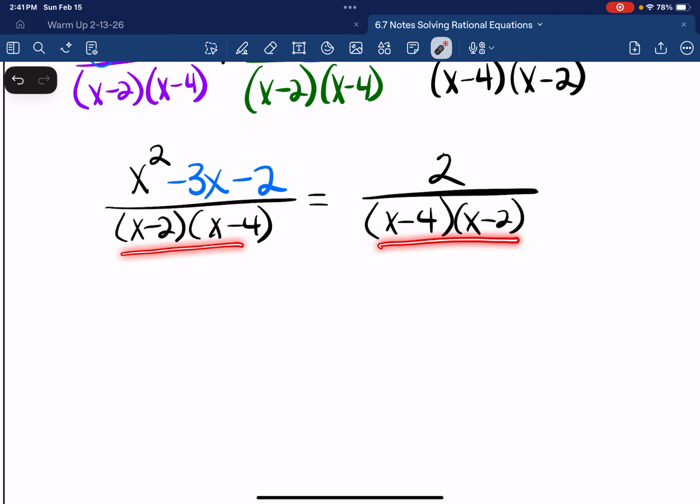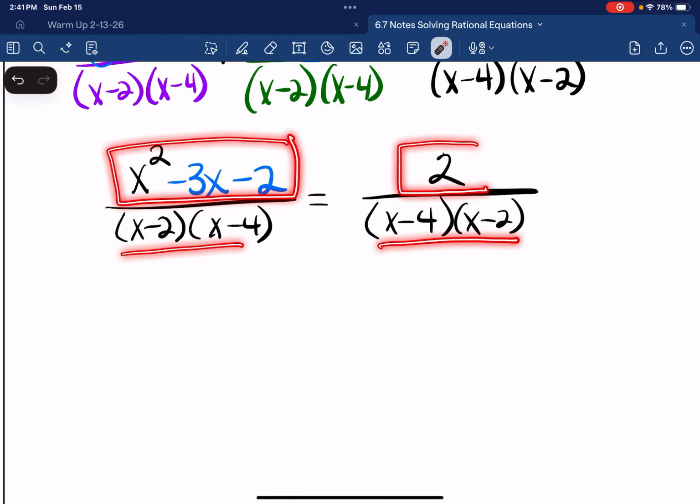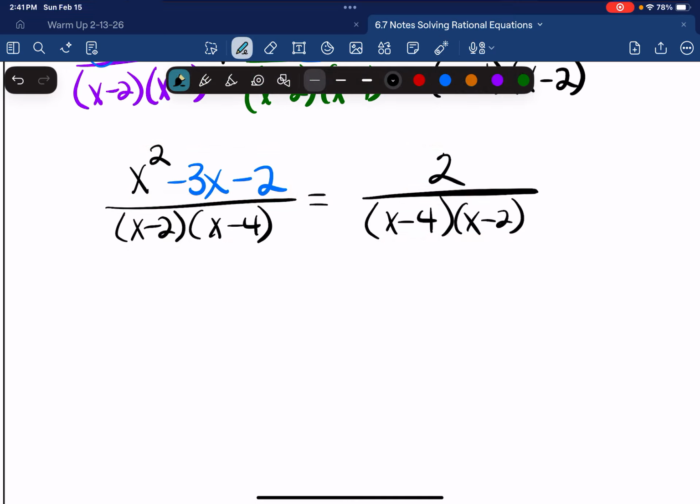So if you have two fractions with the exact same denominator, that has to mean that your numerators are equal to each other also. You're more than welcome to solve this problem by cross-multiplying like you have been. But if you recognize this, then you can just say, oh, well, x squared minus 3x minus 2 has to equal 2. My numerators have to equal one another.